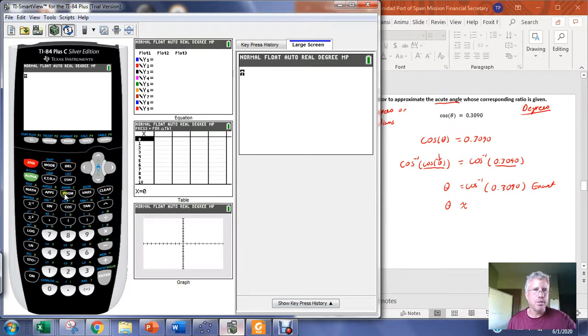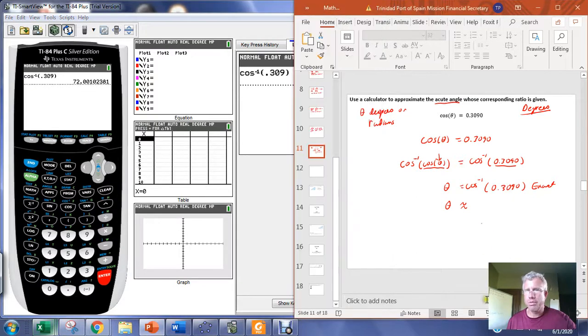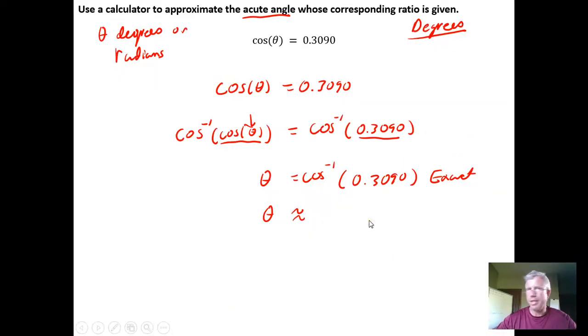So second cosine, and then input the side ratio, which is 0.309. Close that parentheses off and hit enter. And we get about 72 degrees. So it is approximately 72 degrees, and because I rounded, I'm using the approximately symbol.